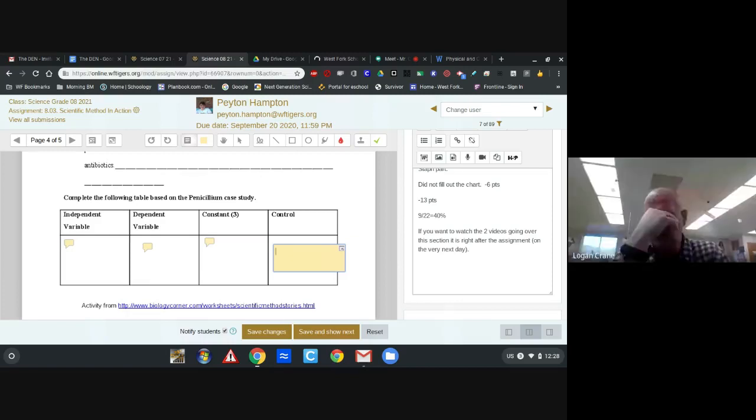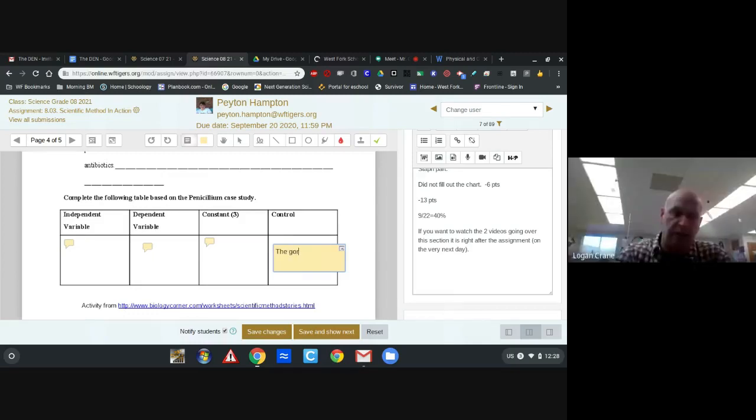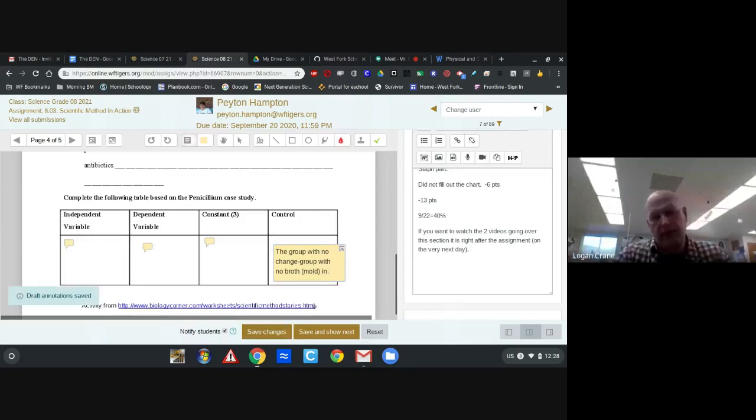So you expect no change to occur on the one that he doesn't put the broth in. So that's the group with no broth or mold in. All right. So that's that one.